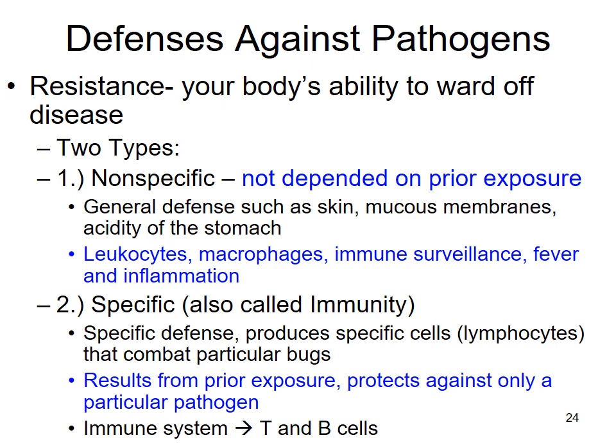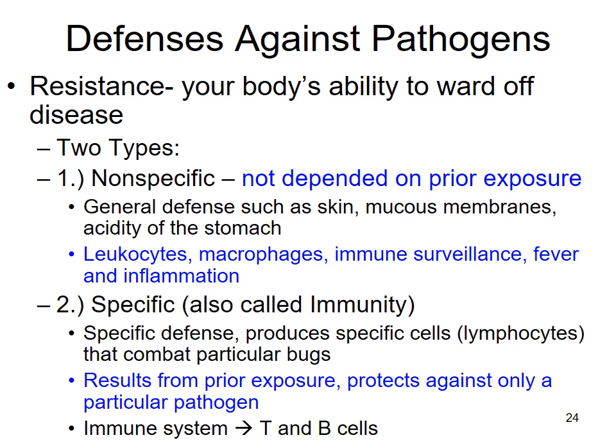These are all examples of non-specific defenses. So your body will respond the same way every single time. It doesn't need to have a prior exposure, and from one human to the next, the defense will look identical.